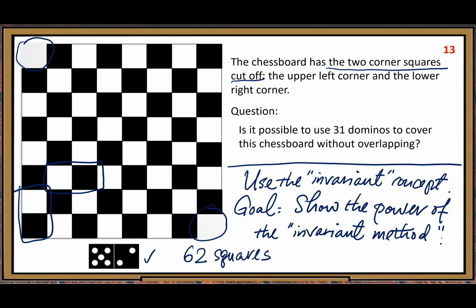We can try. But think about it: if you fail 10 or so times, you may wonder whether it is possible at all. It may not be possible. Think about that.